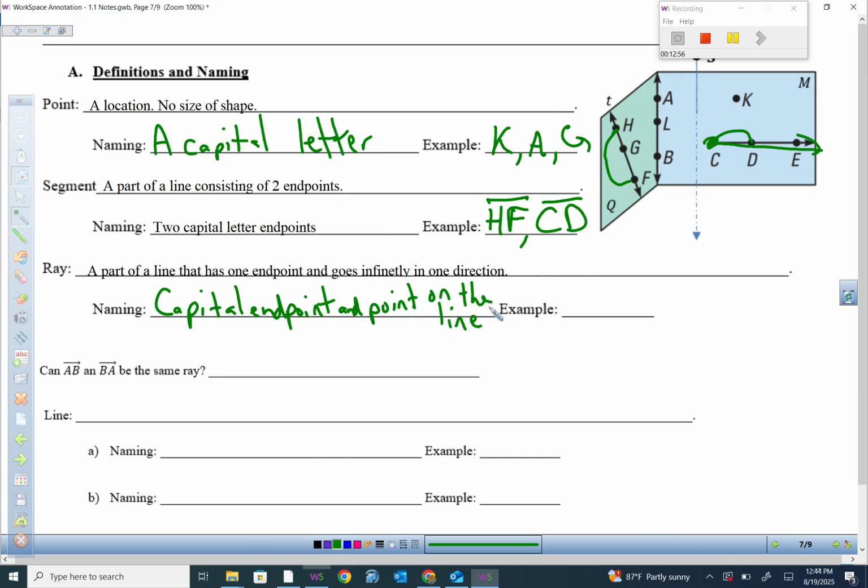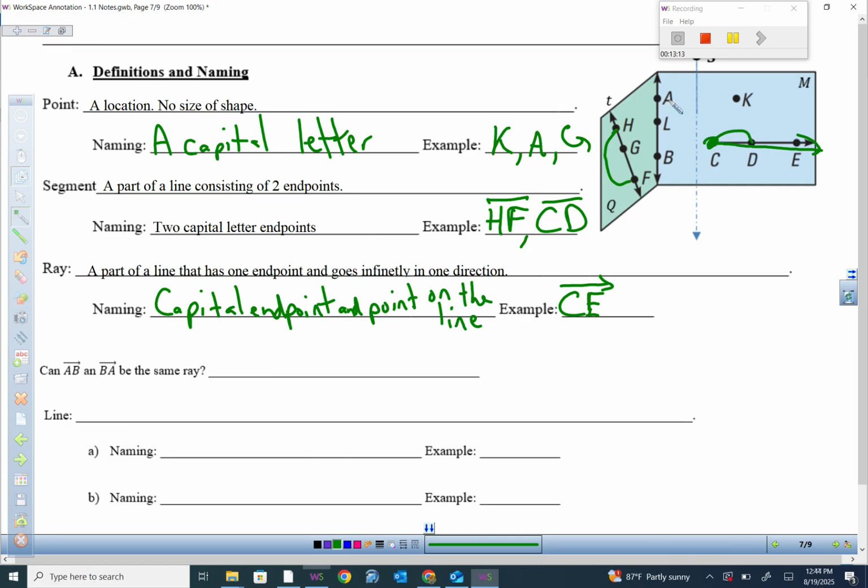Okay, so example, CD is an example. But I'm going to do CE. It doesn't matter. CD, CE. But the big thing is over top, instead of just a line, you put C was the endpoint and the arrow going on is E. So if you would have put EC, I would say, nope, that's not right, because C is the starting point and it goes on forever towards E.